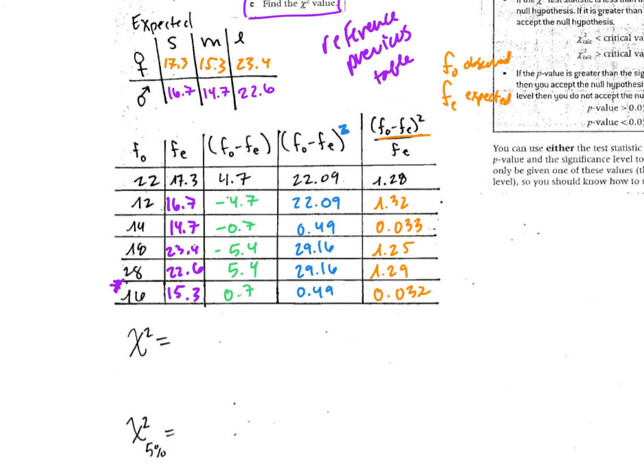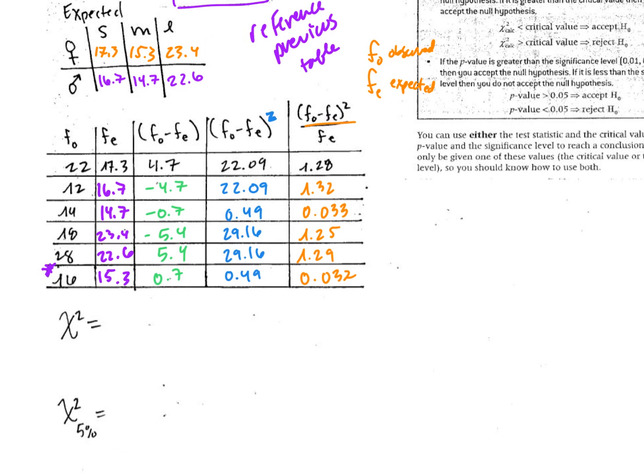Okay. So remember that the equation is, well, actually here, I'll write it for you real quick. So your chi-squared is your sum of your observed minus your expected squared divided by your expected. So you're going to add them up, sum.